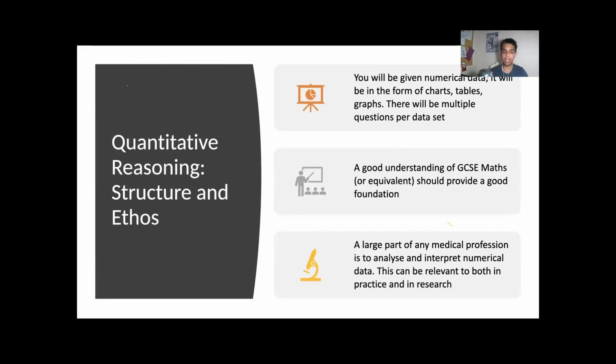So you can have a table of different numbers, and multiple choice questions can be asked of that data set, which is why we recommend some sort of GCSE level maths or equivalent, understanding how to manipulate numbers and how to round. The reason it's important is any medical professional needs to understand what numbers mean and how to interpret them. It's relevant in both practice and research.